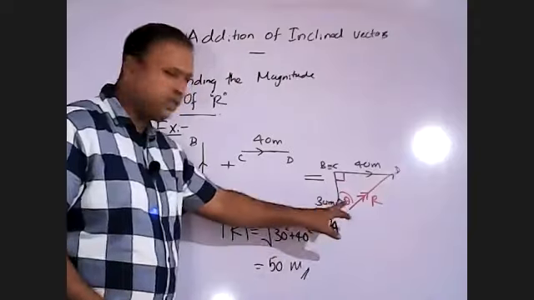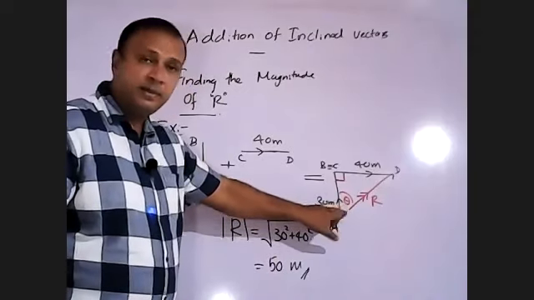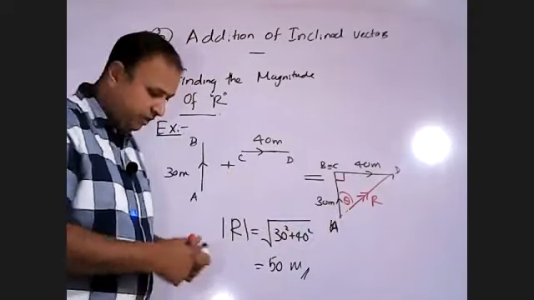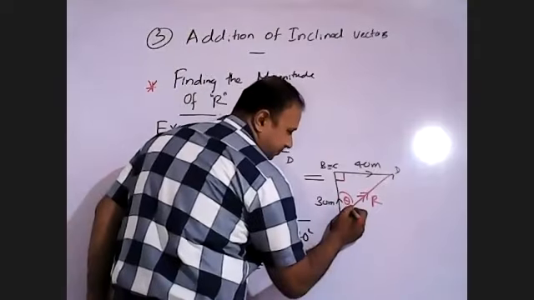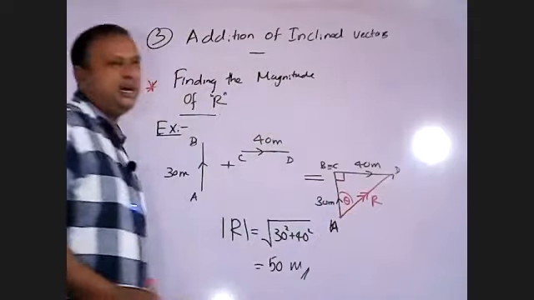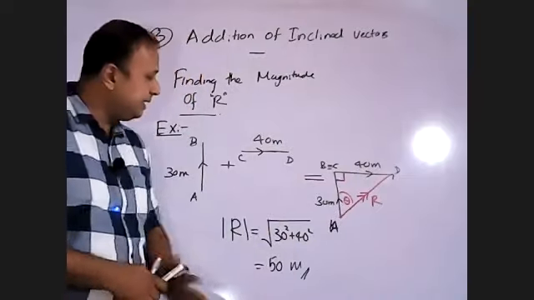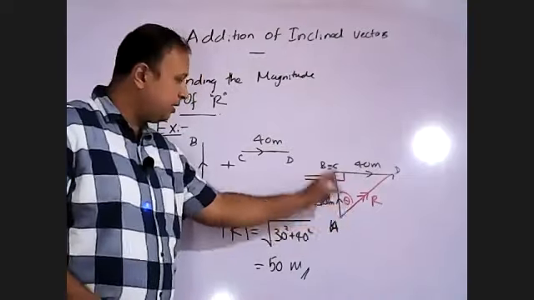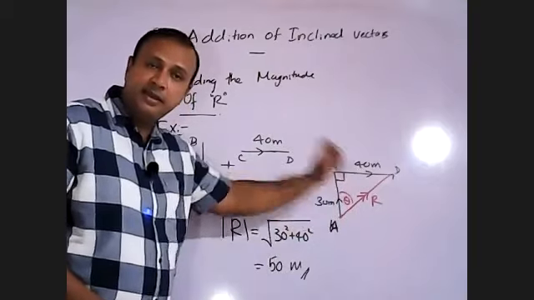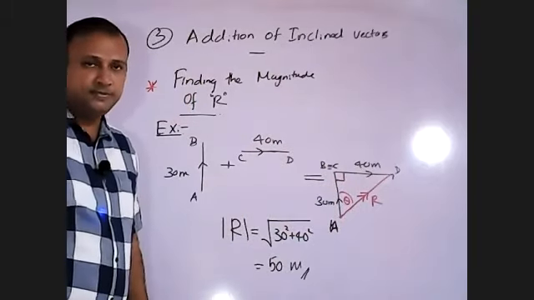Actually, if you can draw this in your figure, it will be sufficient. Otherwise, you can state that in words: theta is the angle between the vertical and the resultant vector.